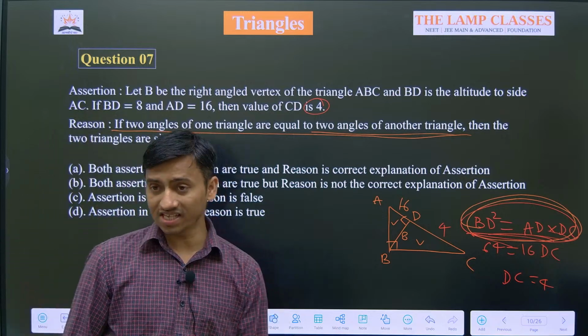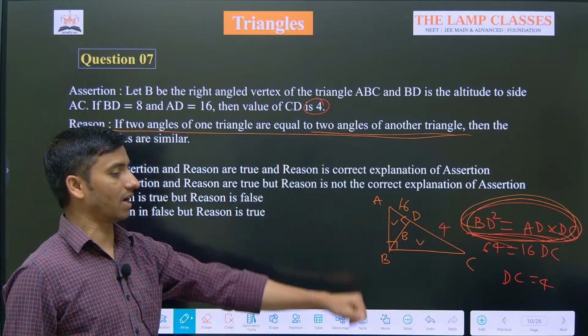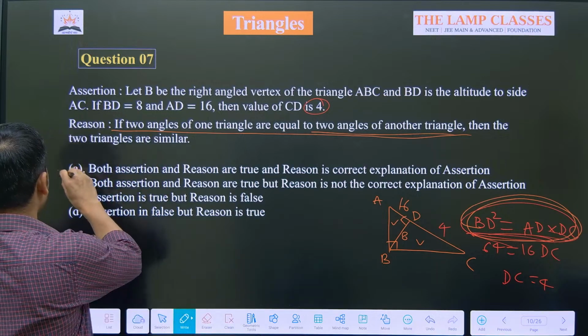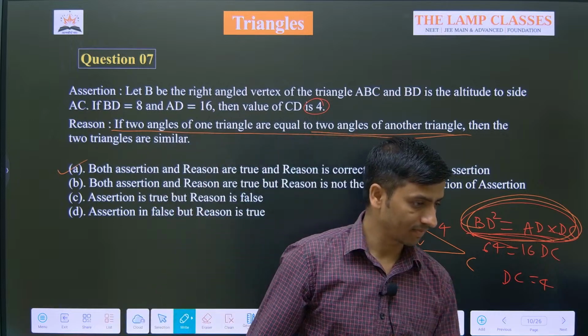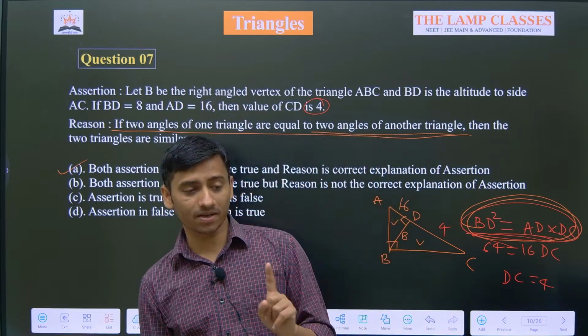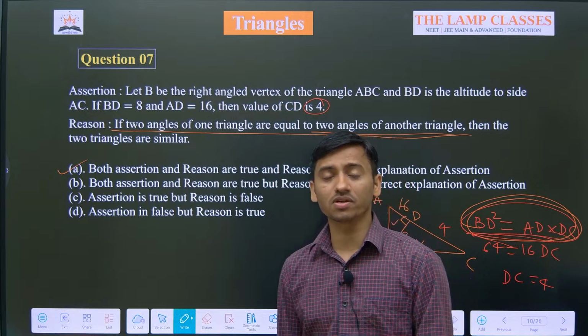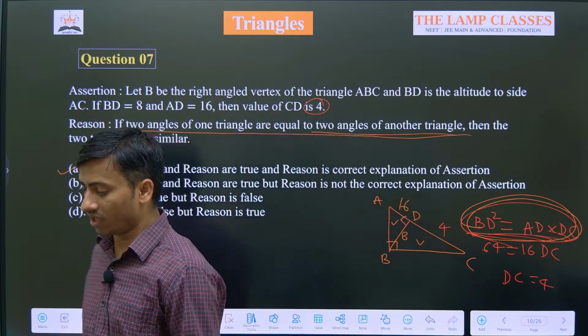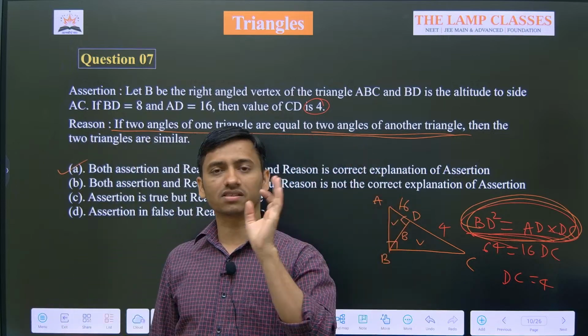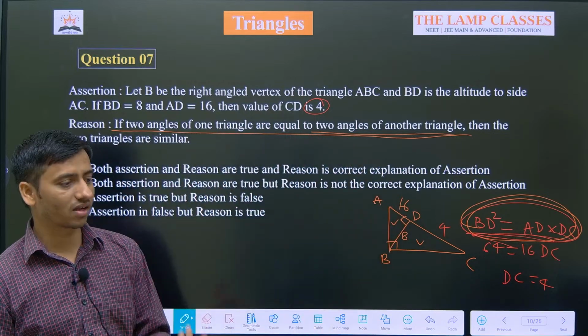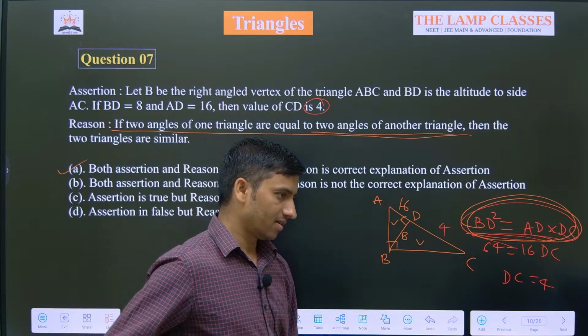So the reason is actually the explanation. We are applying that rule. So we should mark option A. Please read the question again if you have a little bit of confusion. Do we understand? So don't be in a hurry, please. In assertion and reason questions, if it is not clear, if you are not getting convinced by the given things, then take some time, and then mark the right option a little later.